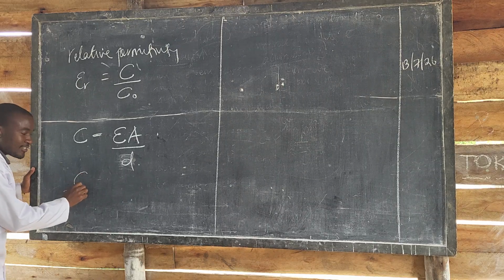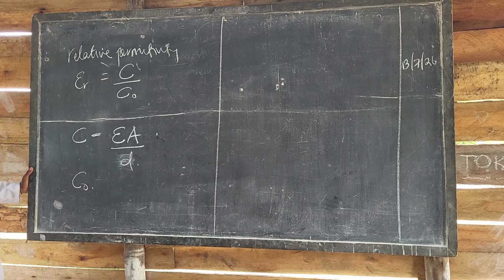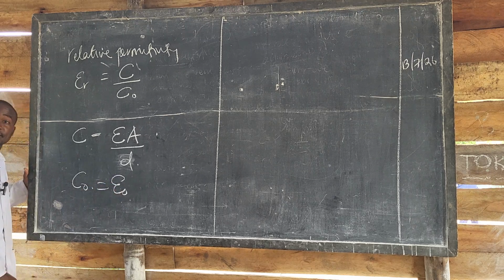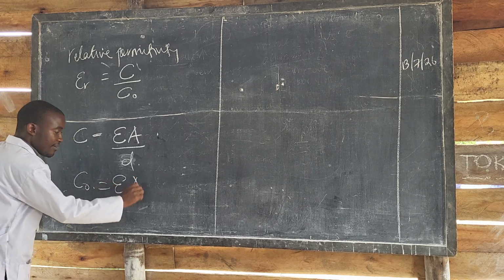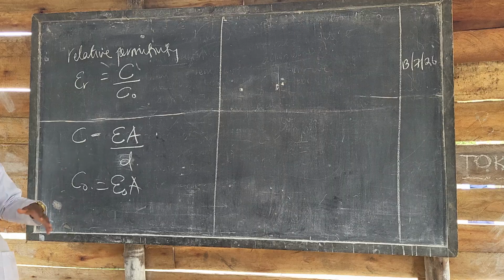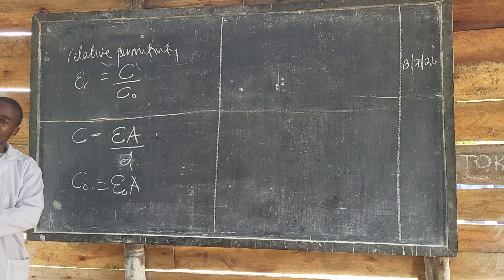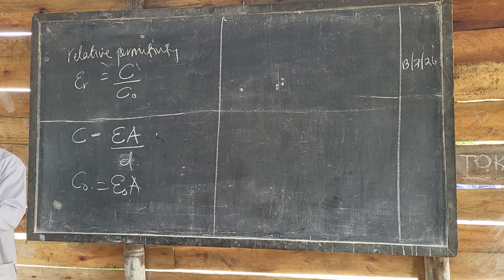Then the capacitance of a capacitor which has no medium between the plates equals the permittivity of free space, epsilon naught, times the area, divided by the separation, because in this case we are looking at the same capacitor. The difference is one has a medium between the plates and another one has no medium between the plates.